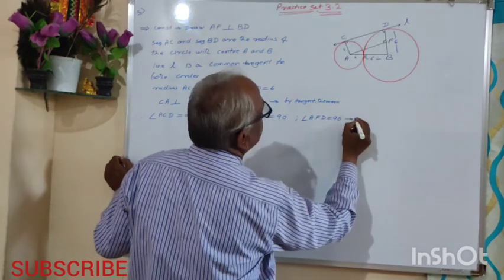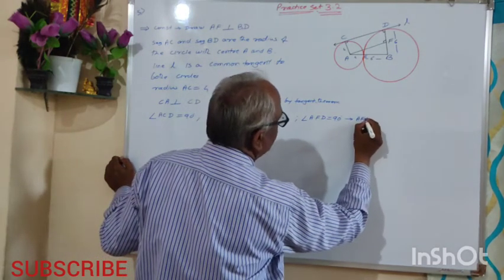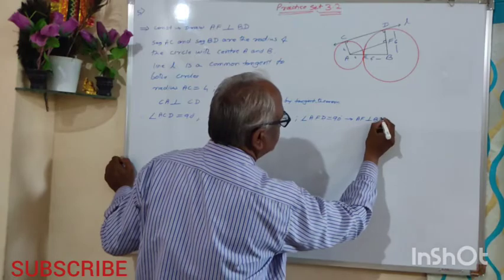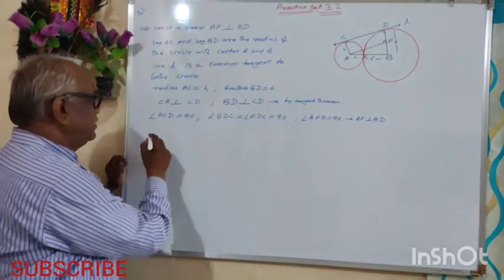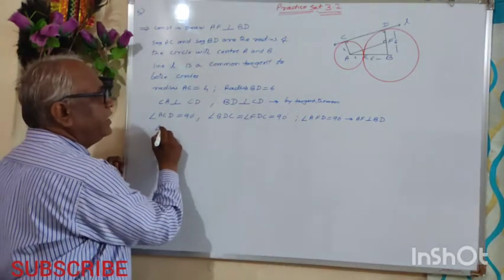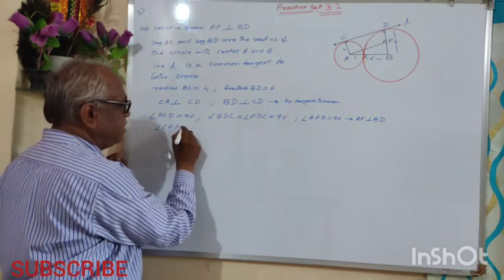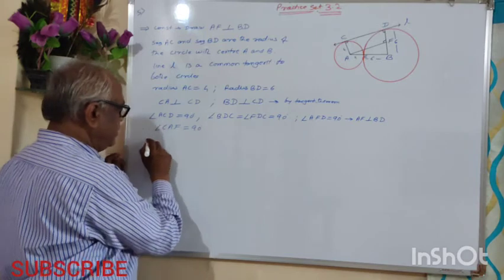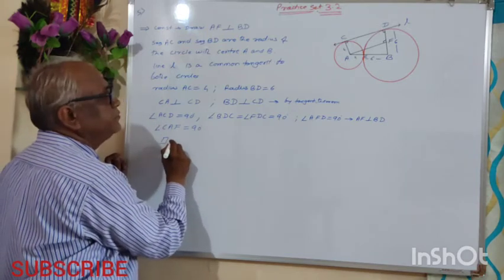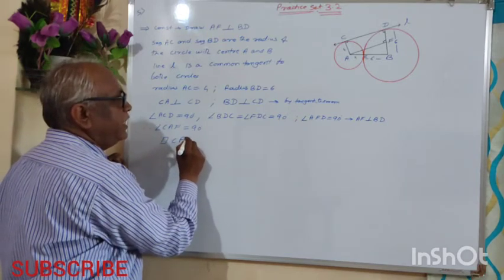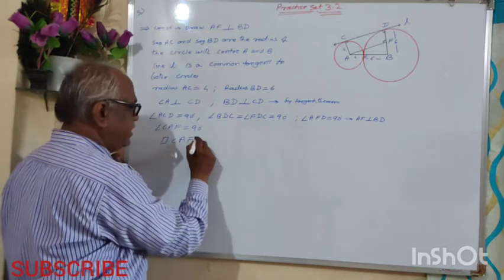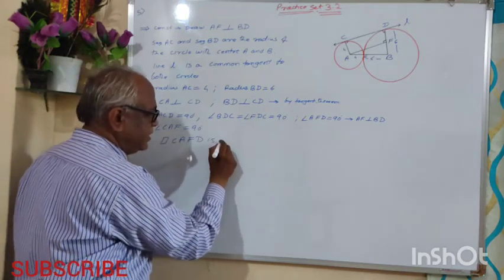Here reason AF is perpendicular to BD. Therefore, angle CAF is also equal to 90 degree. Therefore, quadrilateral CAFD is a rectangle.